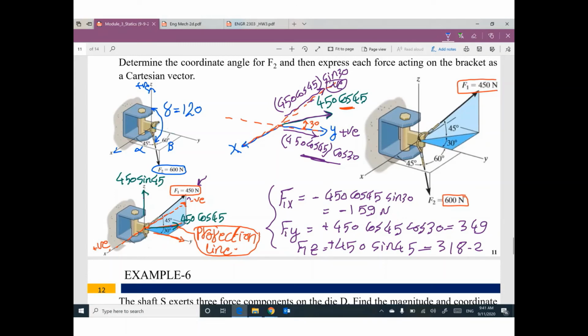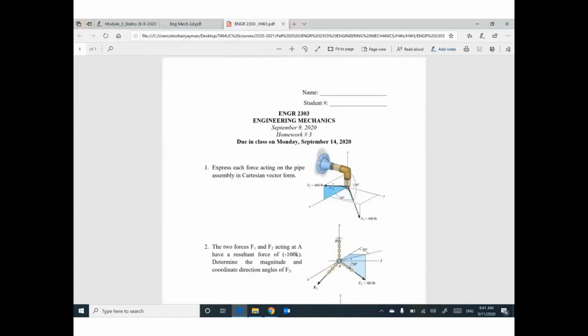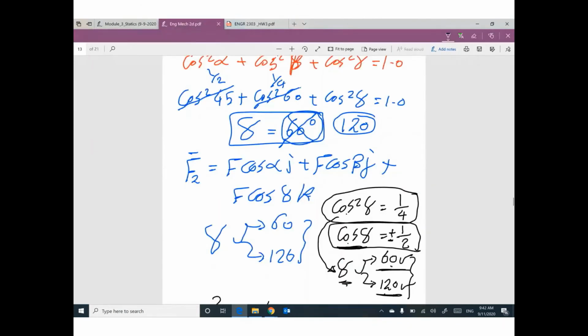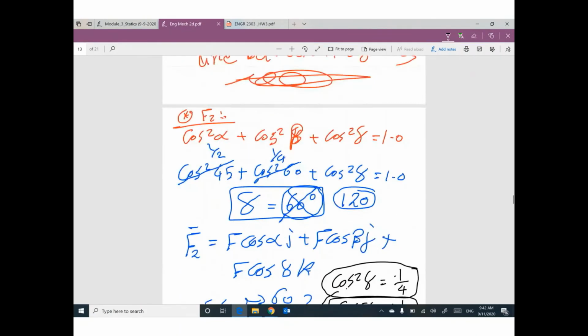It's too much to be 60, so it will be 120. But the mathematical reason behind you have two values for this angle, your square must be positive or negative. Okay? Anyway, just you get your angle and choose the correct one, you can get the 3 components for F2. X component, Y component, and Z component.